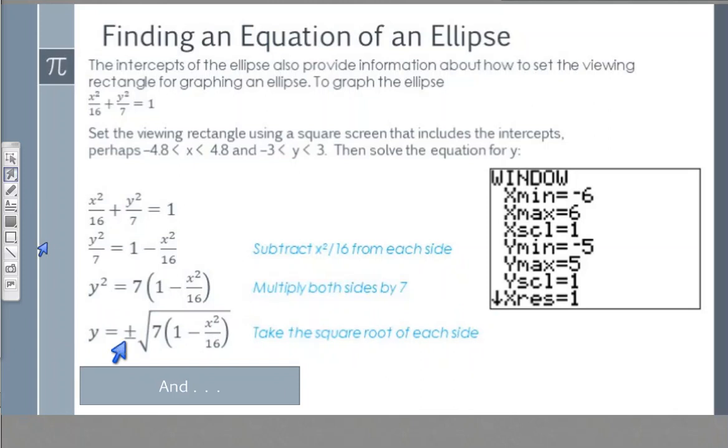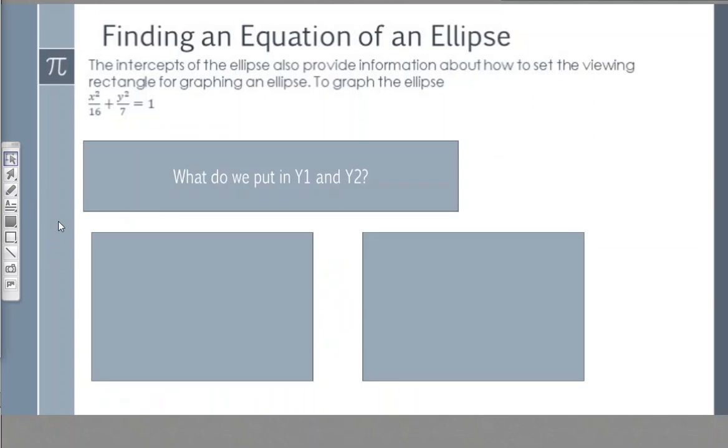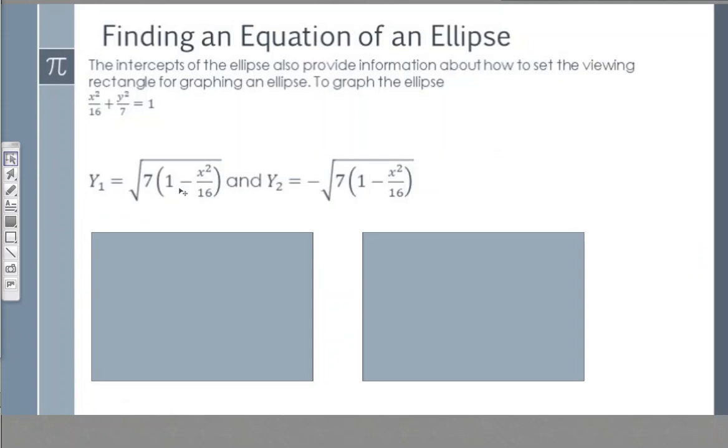Now graph the two functions. So this is what it's going to look like when I graph the two functions. I'm going to have to put values in y1 and in y2. So when I break down that plus or minus, this is going to be my plus equation. This is going to be my negative equation.